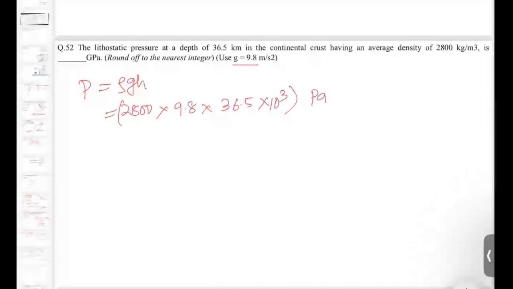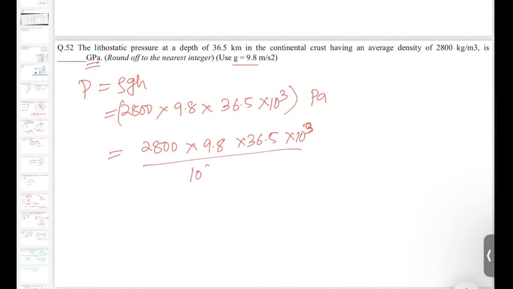To convert into gigapascal, as it is asked in gigapascal, you have to divide by 10 to the power 9. This is getting in the unit of gigapascal.